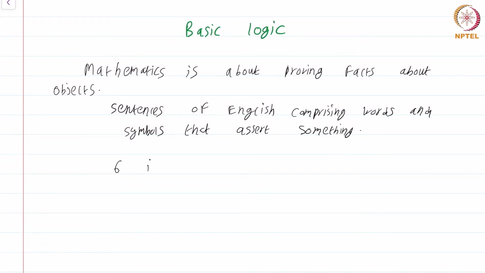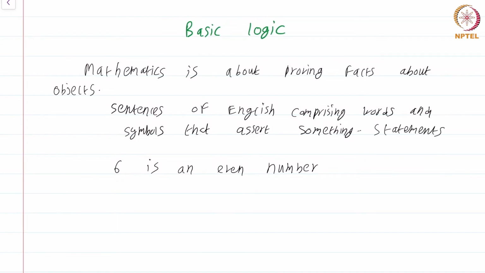6 is an even number. This is a sentence of English. It asserts something about an object, the number 6, which is a mathematical object. It is asserting that 6 is an even number. So this is a sentence that is asserting something. Such sentences are called statements.